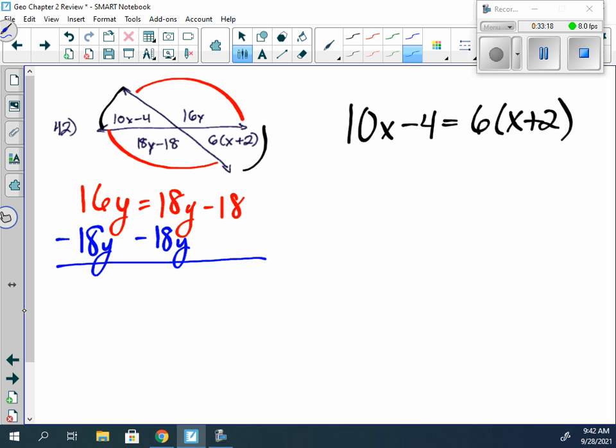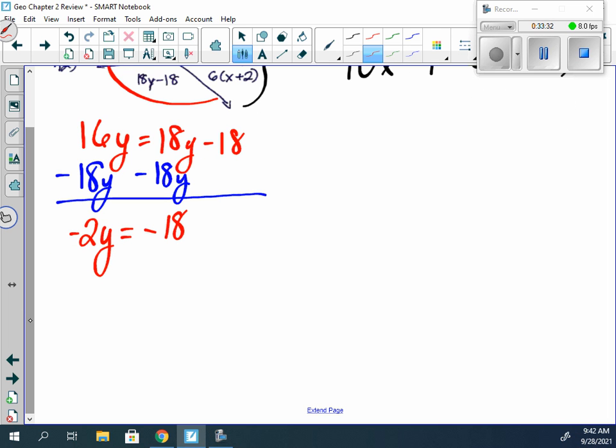The 16y is by itself, so let's move all the y's over to it. 16 minus 18 would be negative 2y equals negative 18. What can we do next? Divide both sides by negative 2, which tells me y is equal to 9.